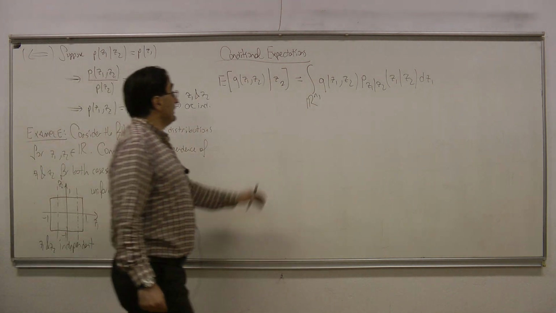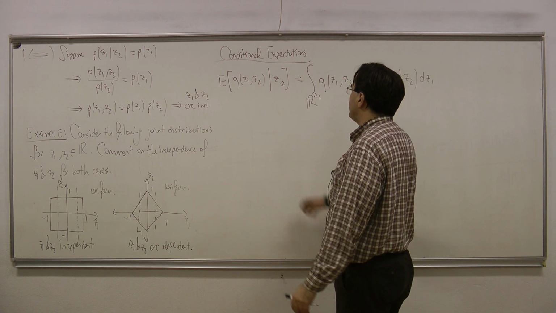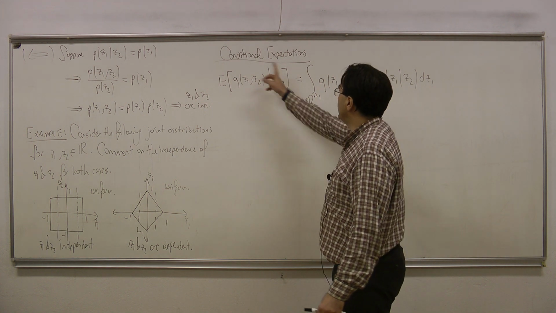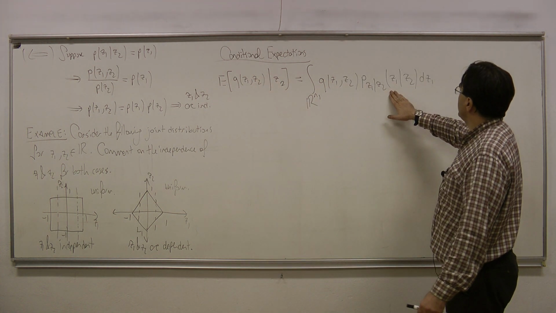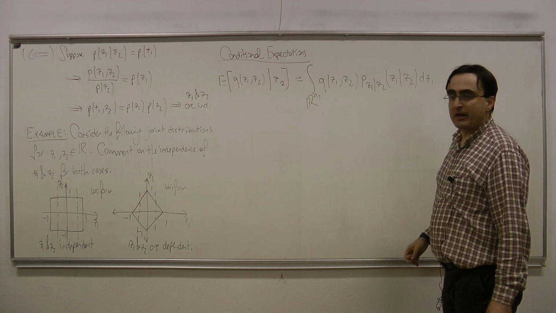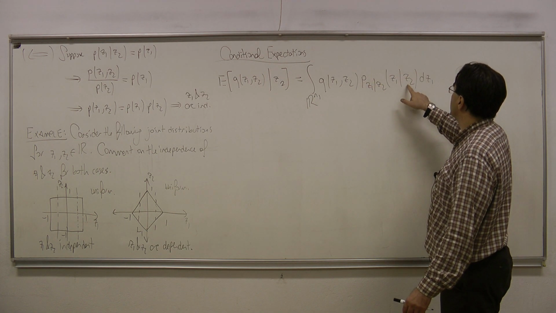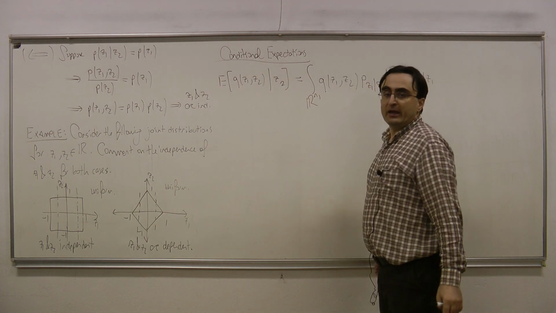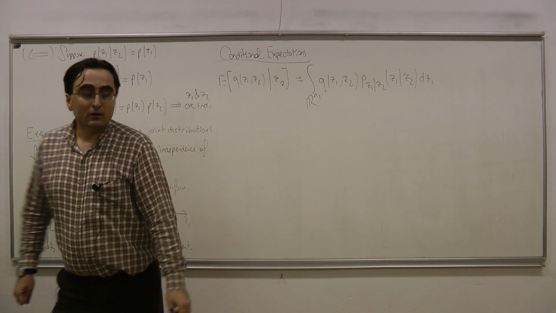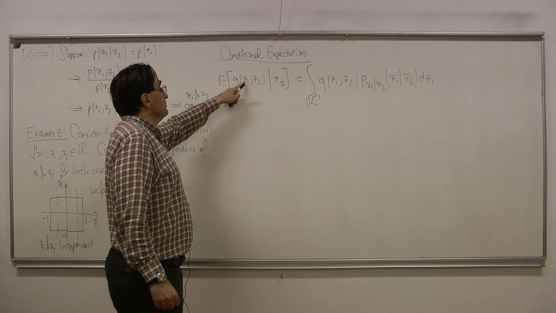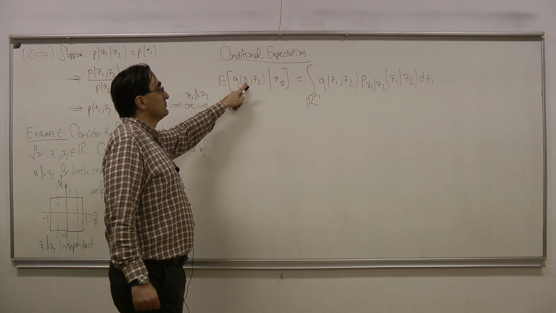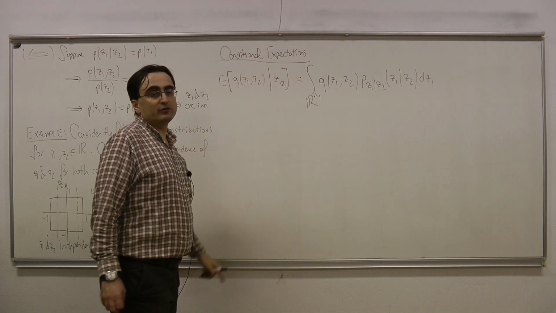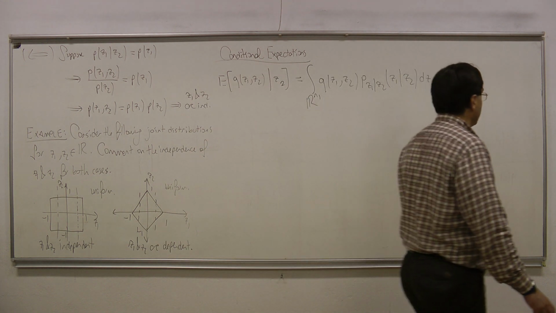In general, this expectation will depend on Z2, because when we don't have independence, the distribution depends on the value of Z2, so the result still depends on Z2. The expectation only removes the random parts with respect to Z1, and the random parts with respect to Z2 remain.